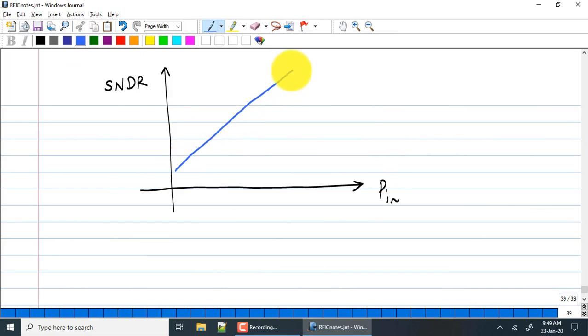You will get one curve which is the SNR itself, and you will get a second curve which is SDR. The actual SNDR will do something like this. And in fact this is what we are interested in. We are interested in the SNDR in general. In fact, that is true even for analog mixed signal systems.